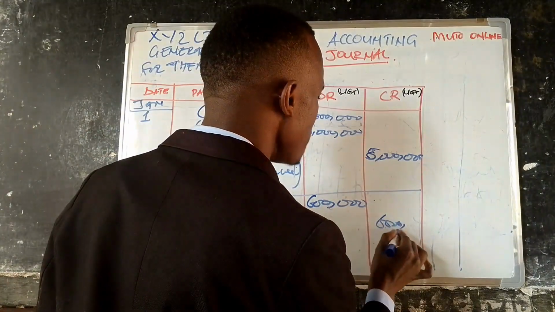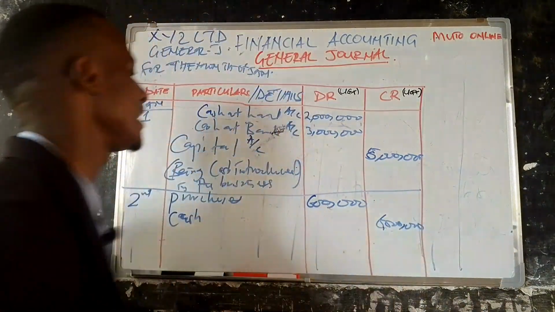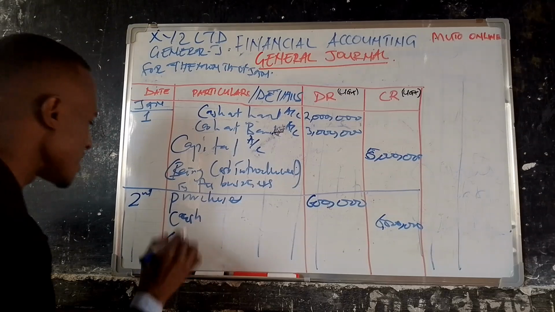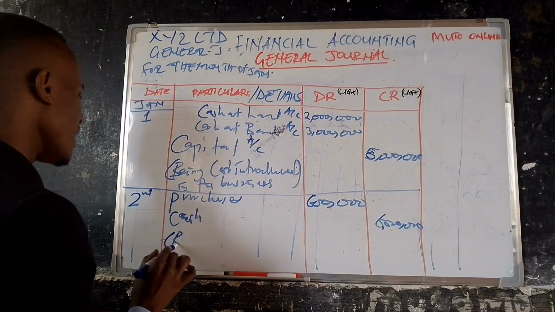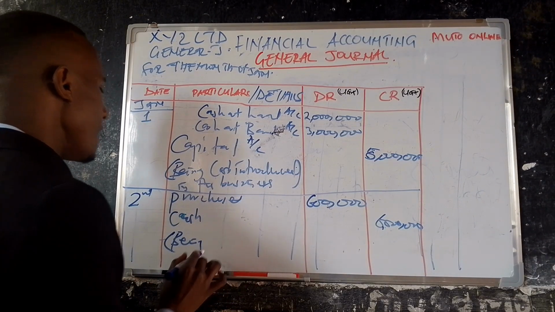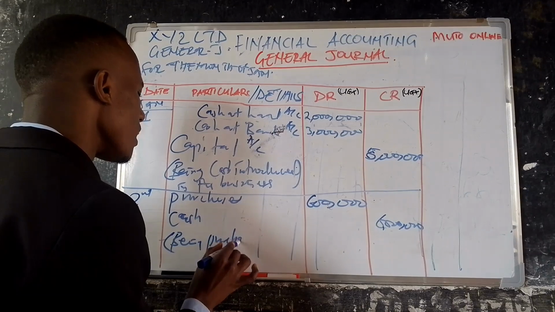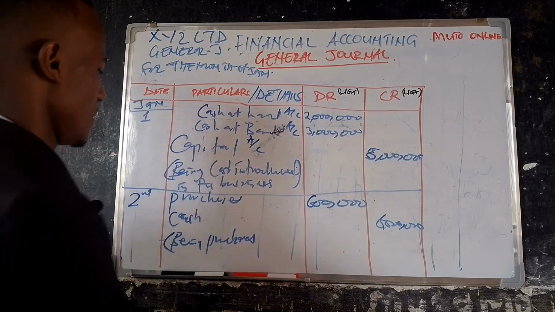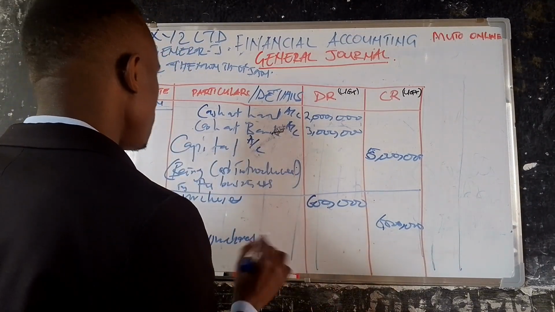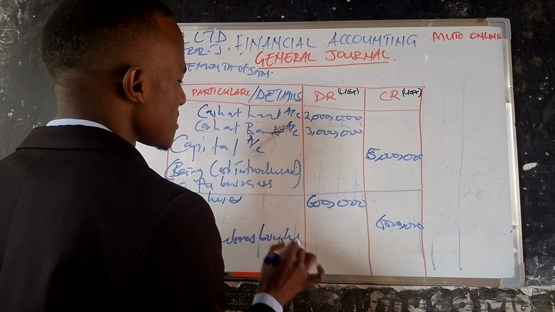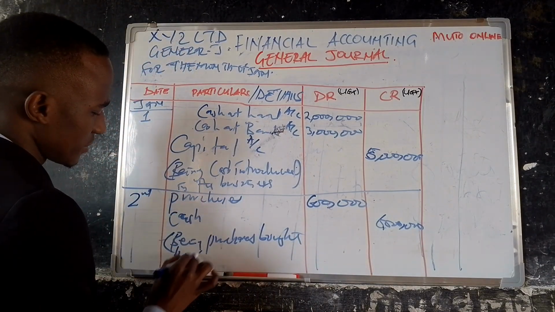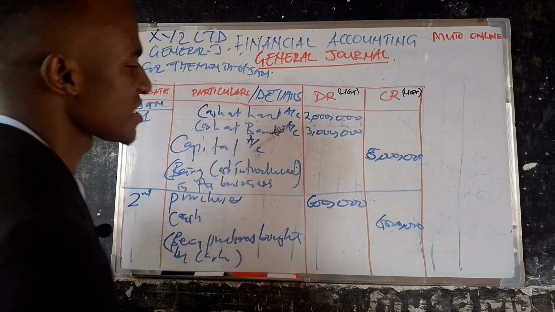That transaction balances itself like that, and then you give a reason as to why: being purchases bought by cash. And that is the reason.